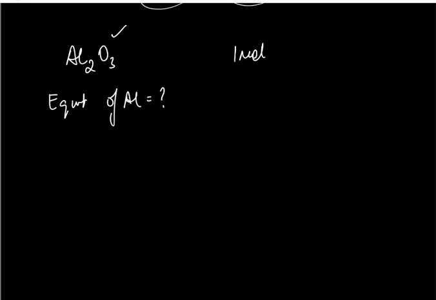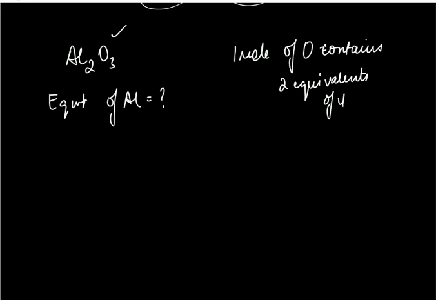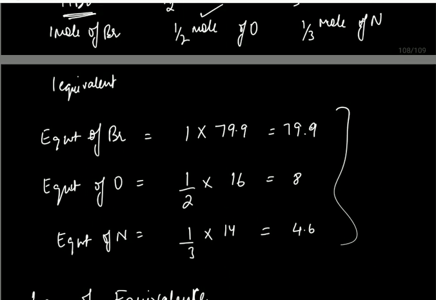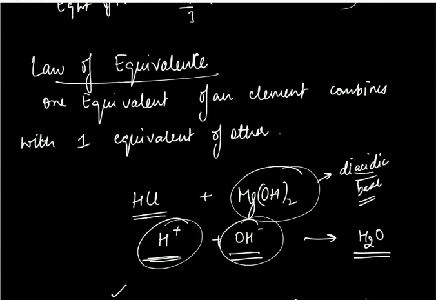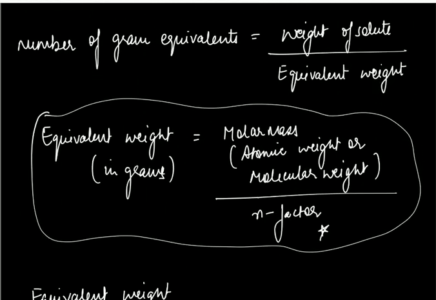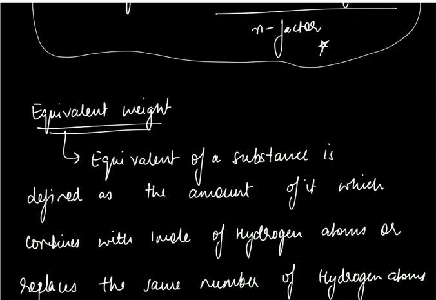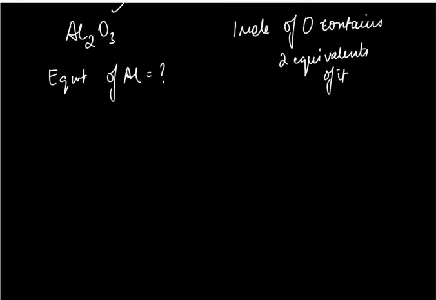Why am I saying this? If you go back to the formula which I have written, equivalent weight is equal to molar mass divided by n factor, right? So n factor over here has multiple meanings. Now n factor can be valency.